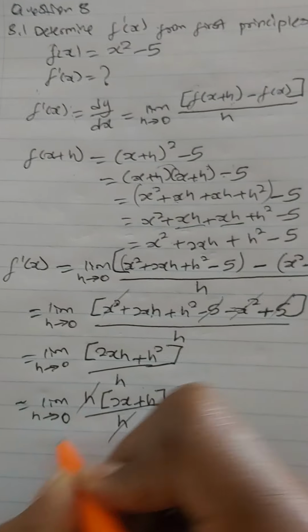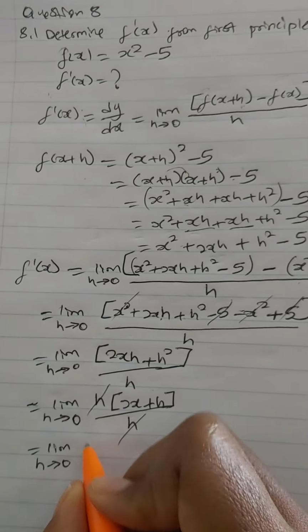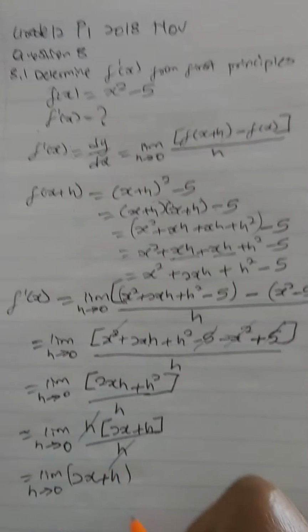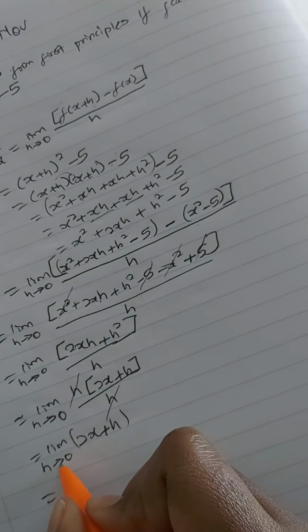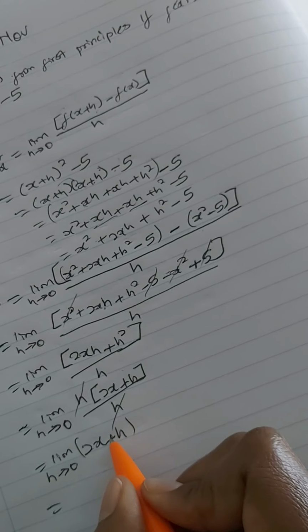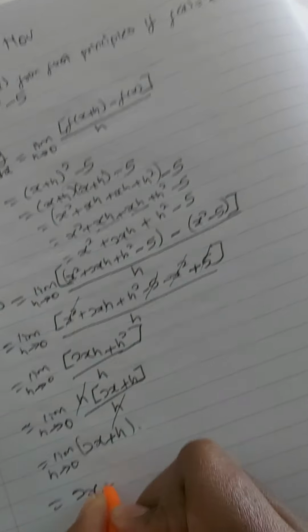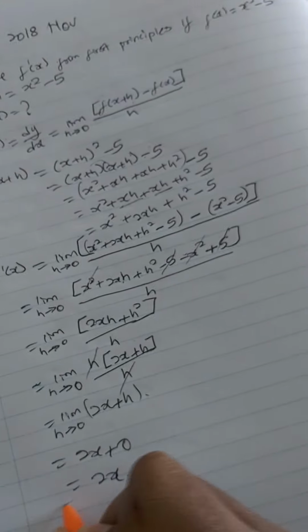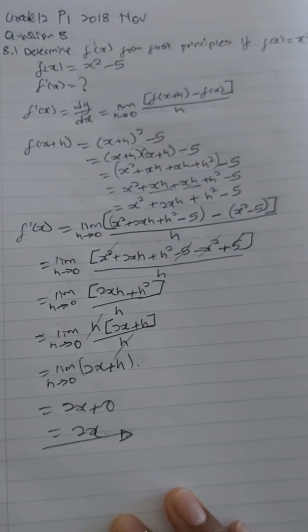And this h will cancel with that h. Therefore, we've got the limit as h approaches 0 of 2x plus h. So the limit as h approaches 0, we replace h with 0. Therefore, we've got 2x plus 0, which gives us 2x. So this is how you solve the derivative from first principles.